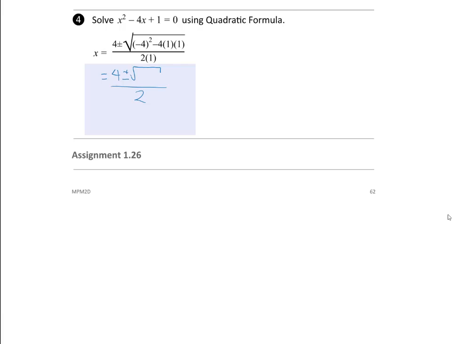What is negative 4 squared minus 4 times 1 times 1? If you said 12, you are correct. And we can actually reduce this irrational number. Root 12, let's do an aside here.